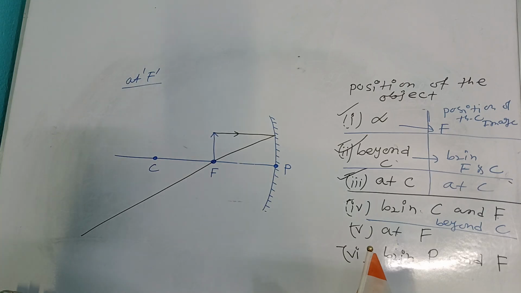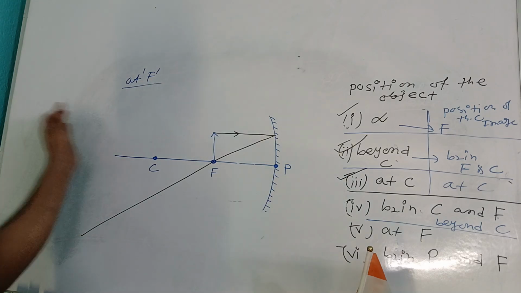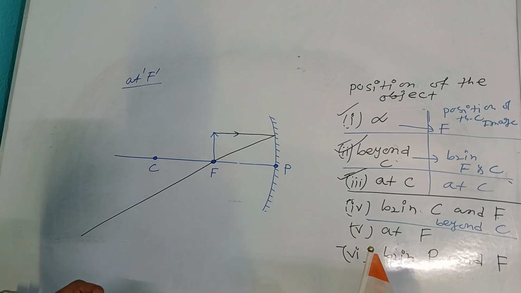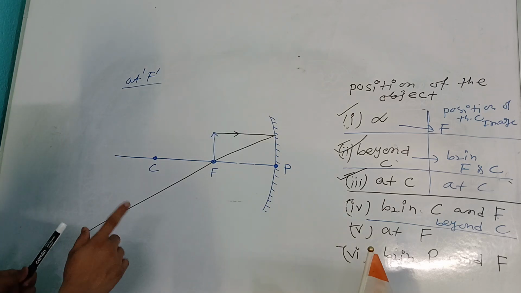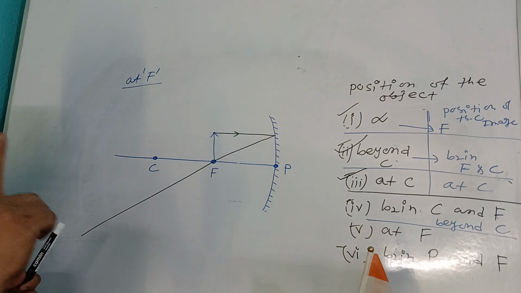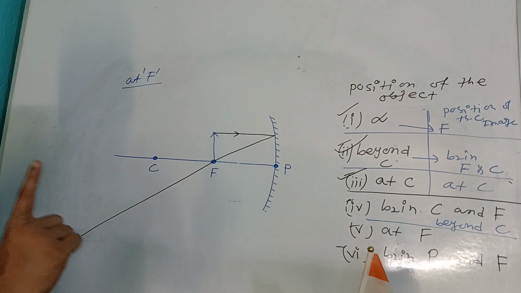Next one, you can take oblique incident case, means angle of incidence, angle of reflection are same. Otherwise you can take one ray, normal incident case, normal incident.